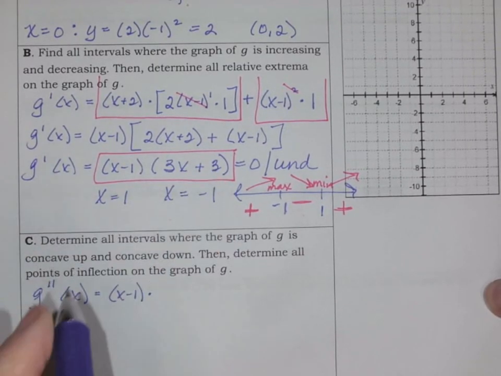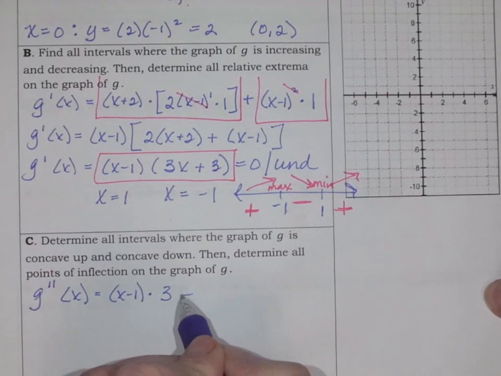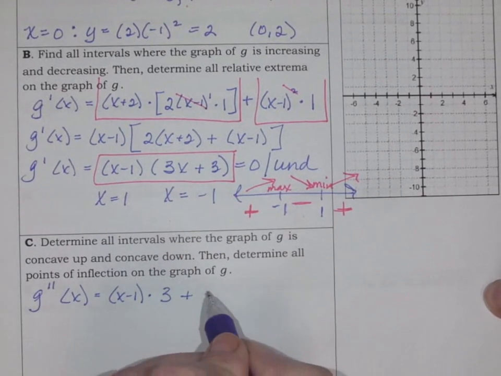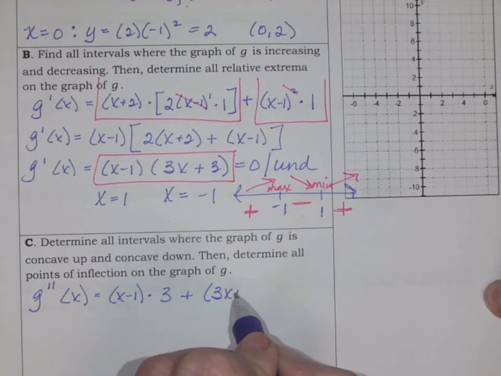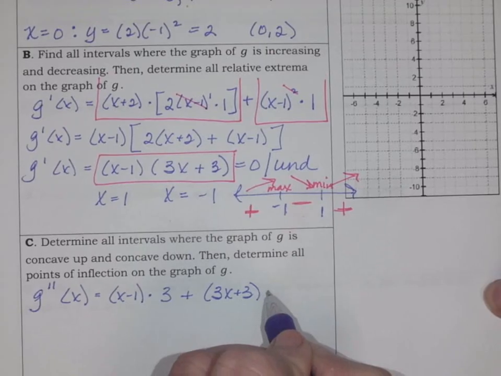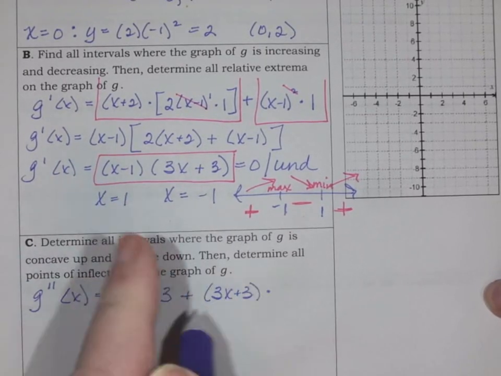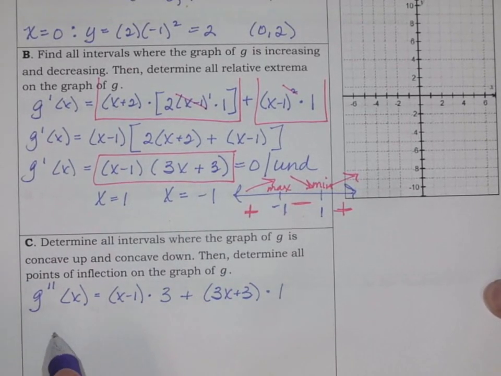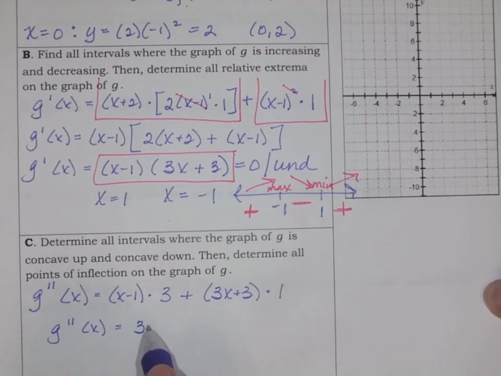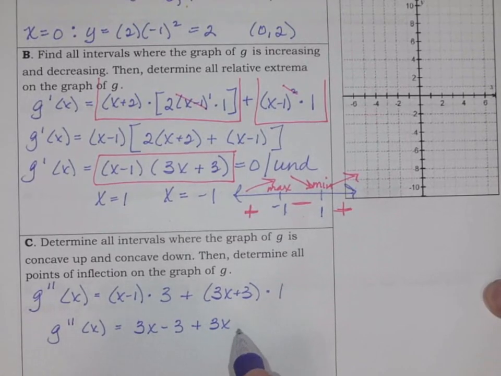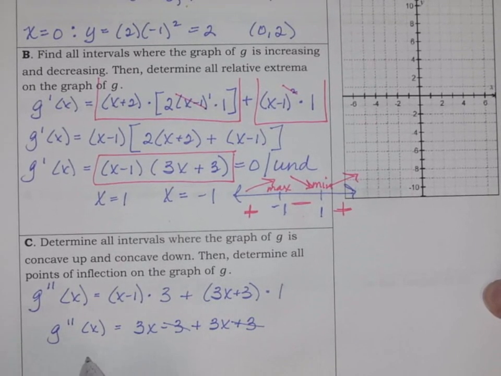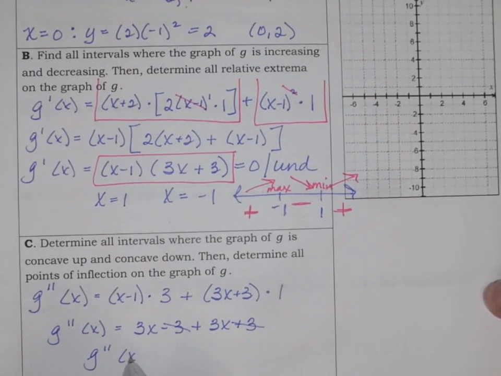So the derivative of 3x plus 3 is 3, plus 2, so that would be 3x plus 3, times the derivative of the first term, which is just 1. So that means g double prime of x is going to be 3x minus 3 plus 3x plus 3. So the 3's are going to cancel out, so g double prime of x is going to be 6x.